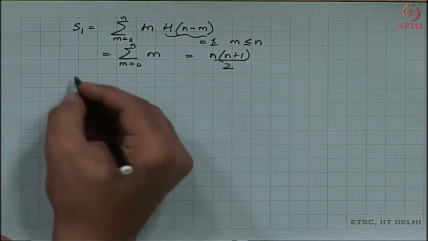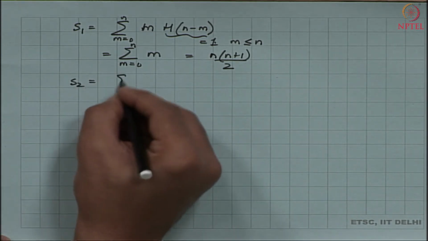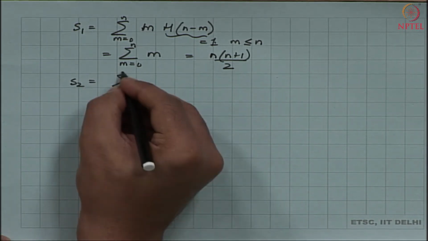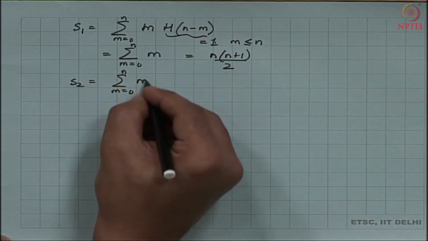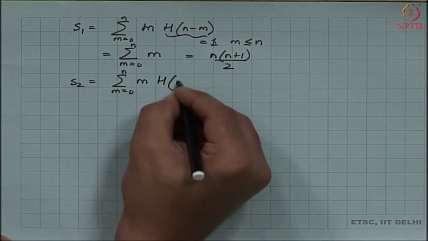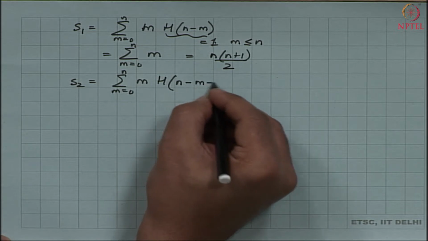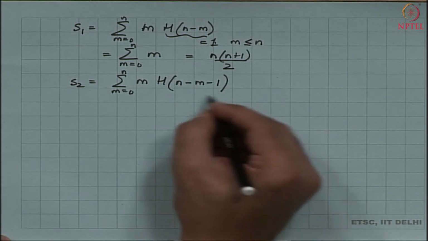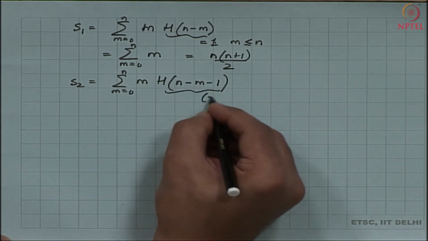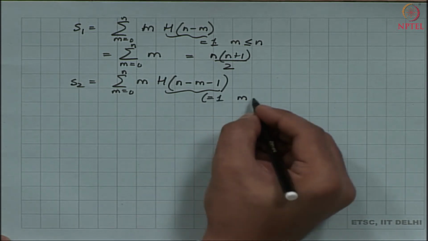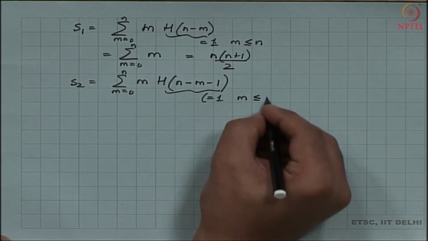Okay. Then S2, similarly, will be the summation m from 0 to n of m times the Heaviside function of n minus m minus 1. This Heaviside function is going to be 1 if m is less than or equal to n minus 1.